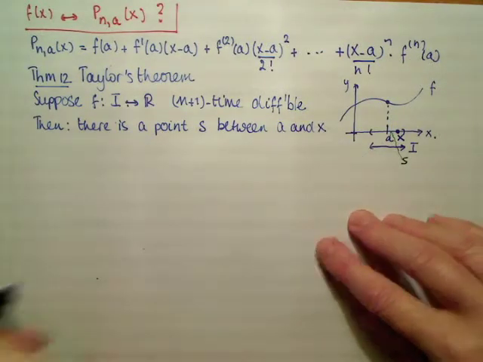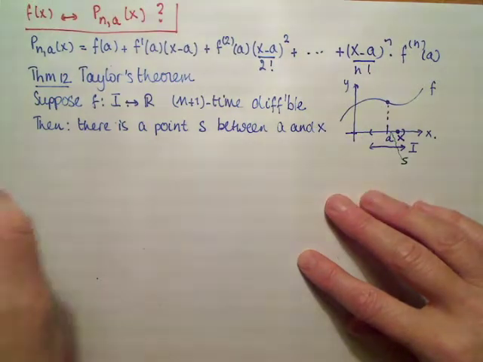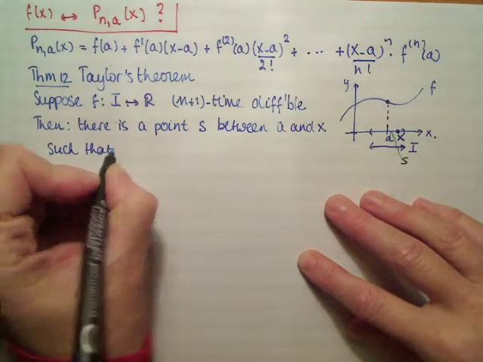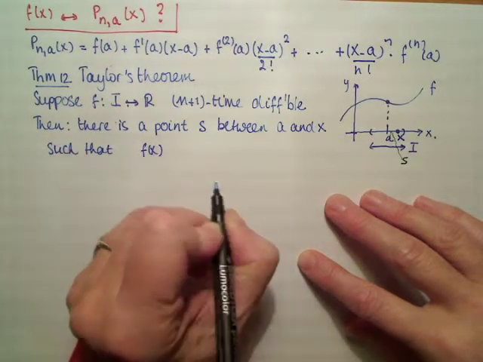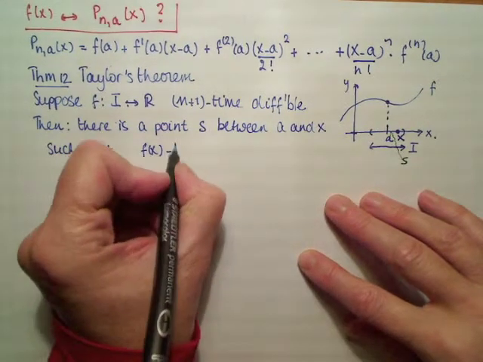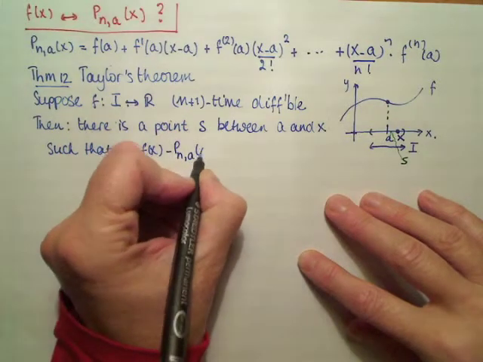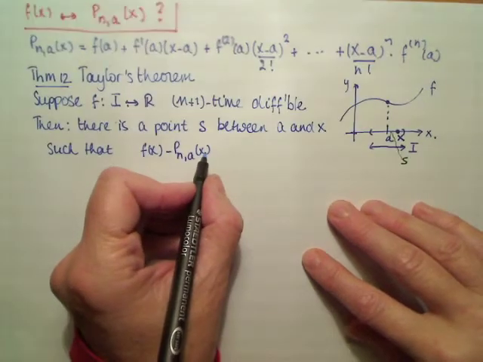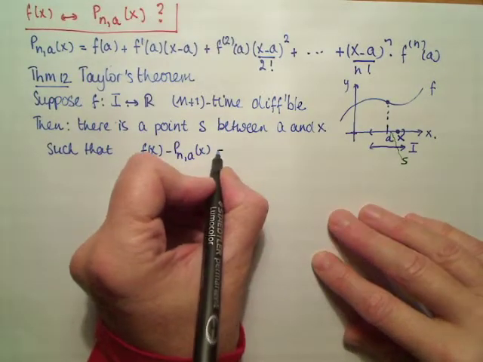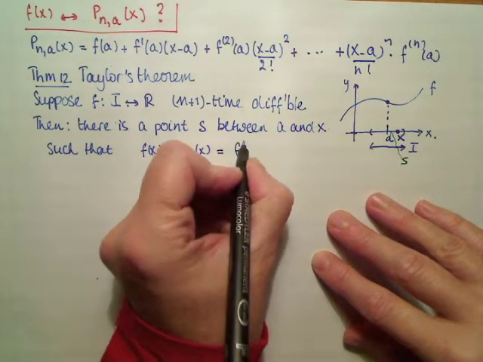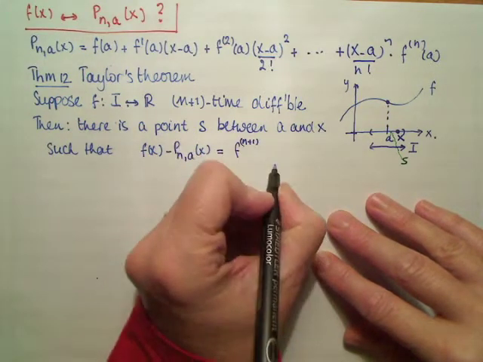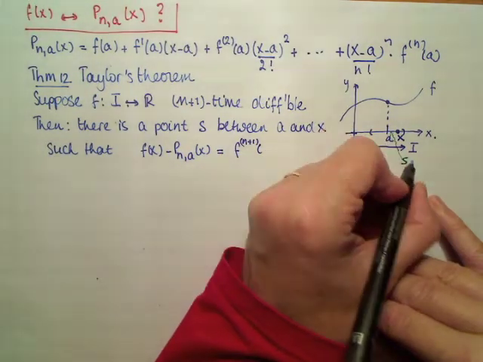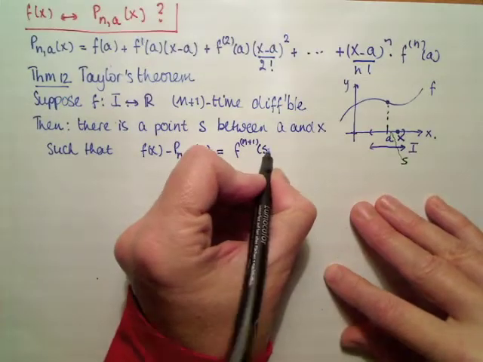Okay, so there is a point where the following holds: the difference between the function evaluated at the point x and the nth order Taylor polynomial with base point a evaluated at the point x is precisely the n plus 1th derivative evaluated not at a but at this unknown point s.